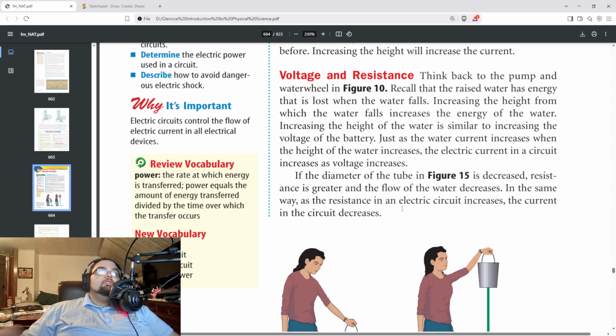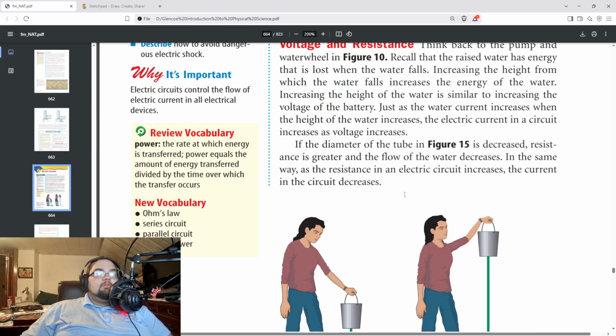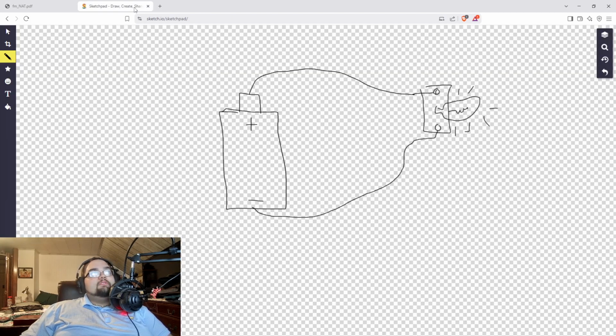If the diameter of the tube in figure 15 is decreased, the resistance is greater and the flow of water decreases. In the same way, as the resistance of an electric circuit increases, the current in the circuit decreases. What is this saying?